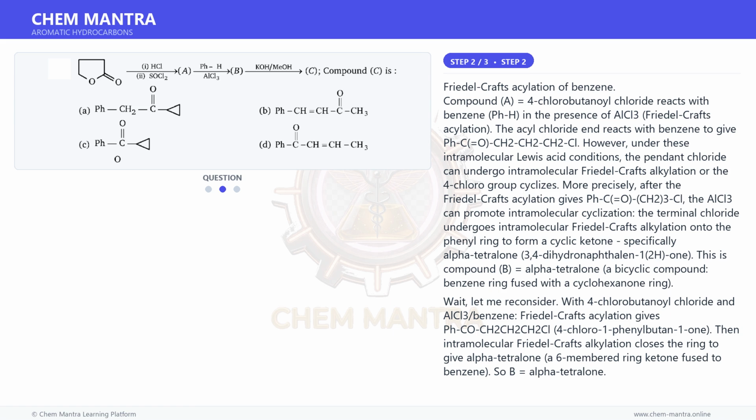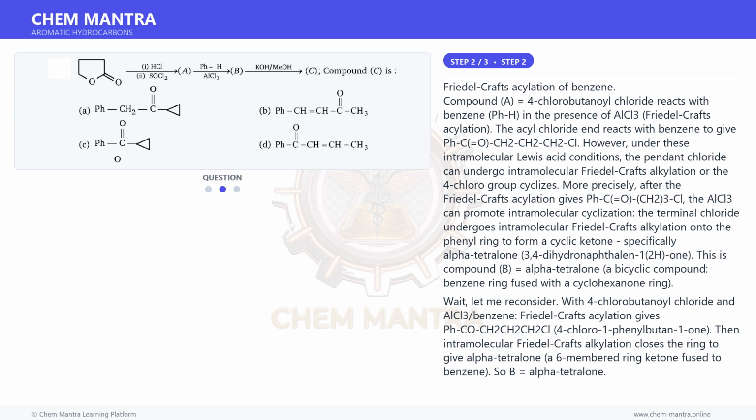However, under these Lewis acid conditions, the pendant chloride can undergo intramolecular Friedel-Crafts alkylation, or the 4-chloro group cyclizes. More precisely, after the acylation gives PhC=O-(CH2)3Cl, the AlCl3 can promote intramolecular cyclization.